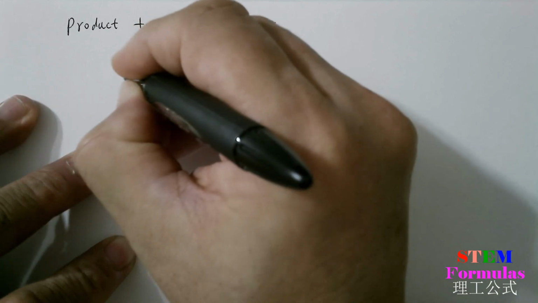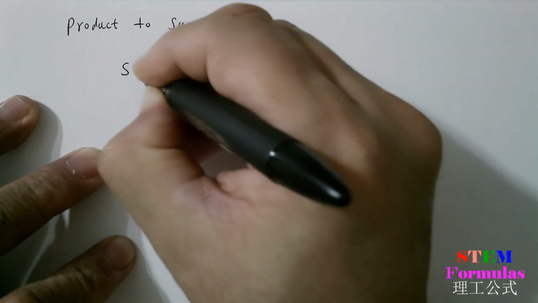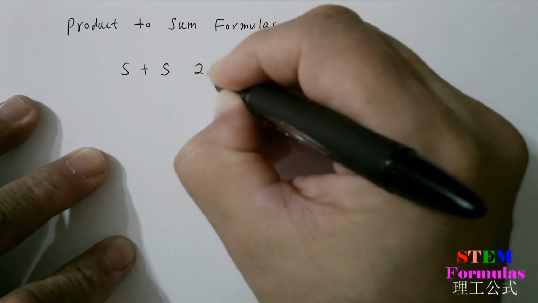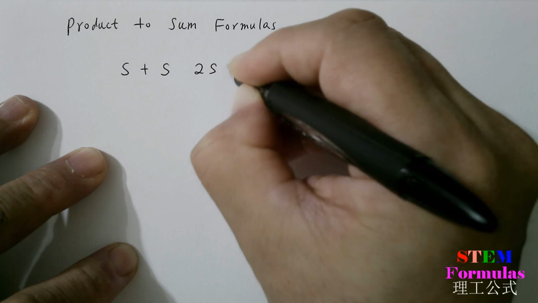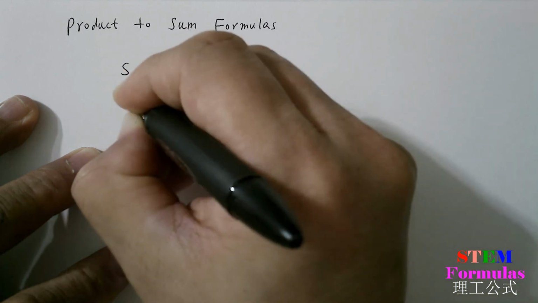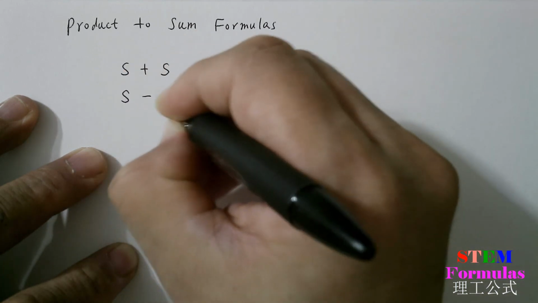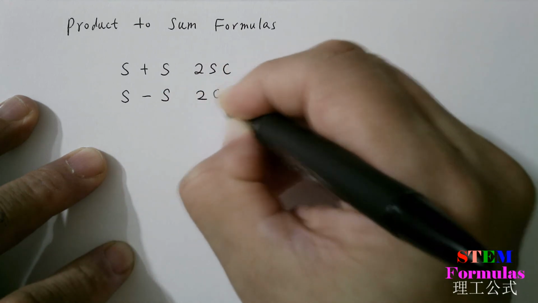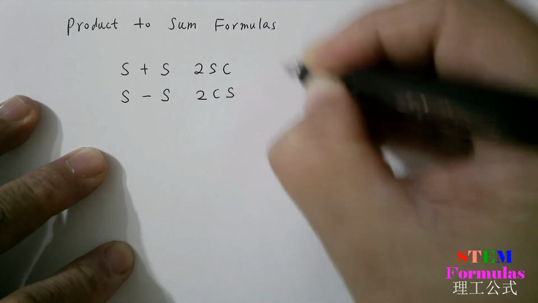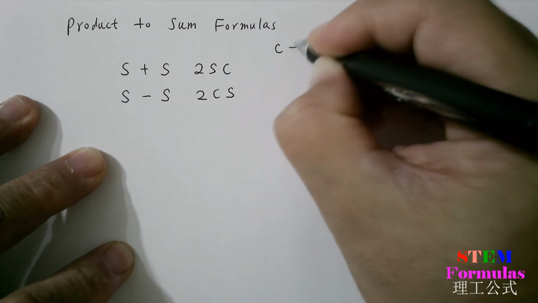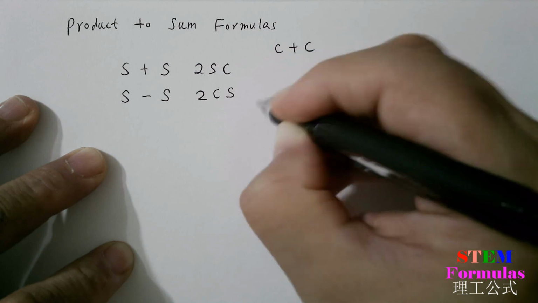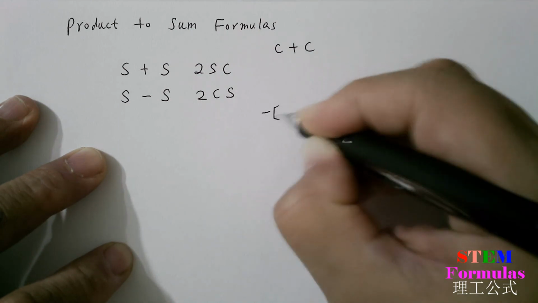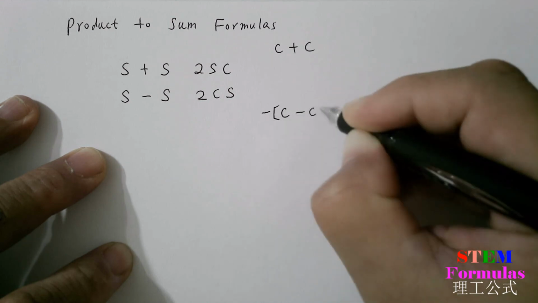So we have here S plus S, 2 S C, S minus S, 2 C S, cosine plus cosine. Here is minus, cosine minus cosine.